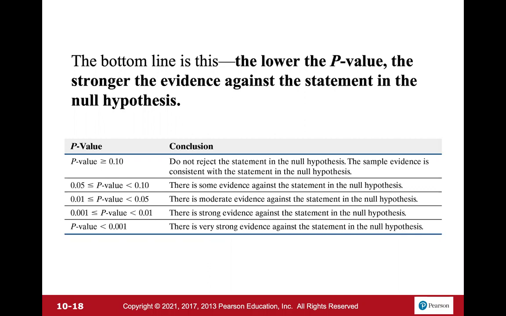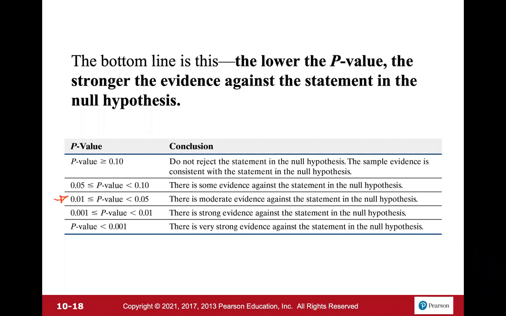So somewhere between 5% and 10%, there's some evidence. Again, they say the word some. So there's some evidence against a statement in the null hypothesis, but still not too crazy. Between 1% and 5%, there's moderate evidence against a statement in the null hypothesis.